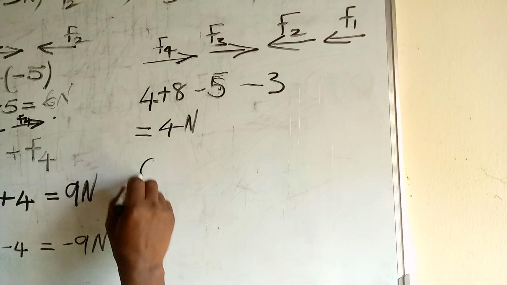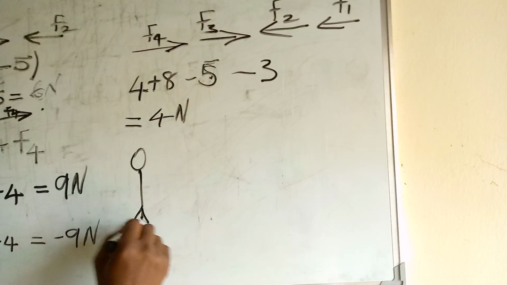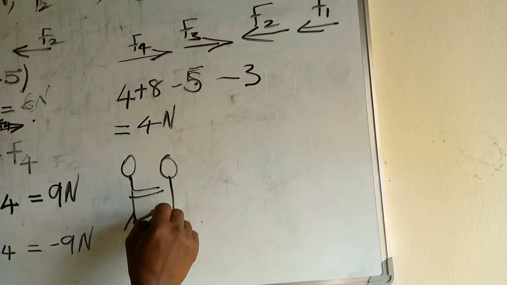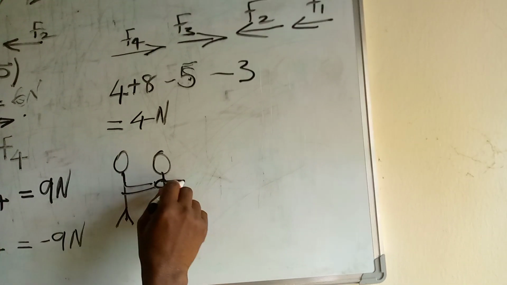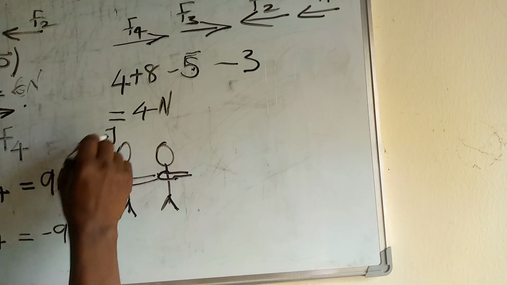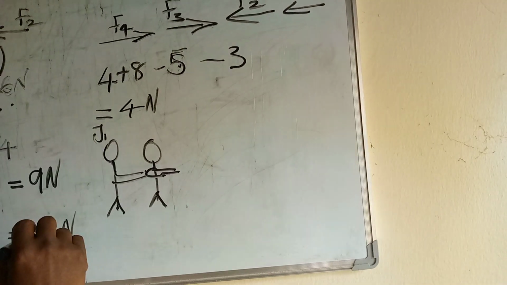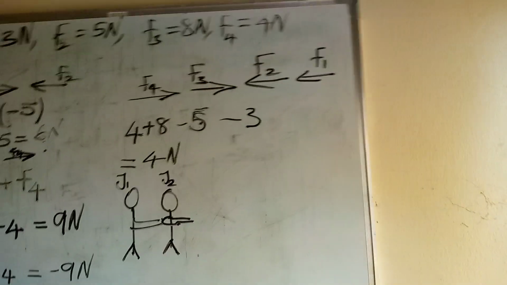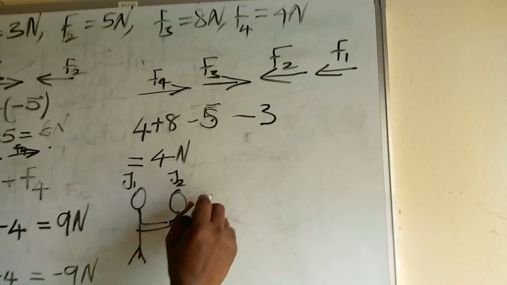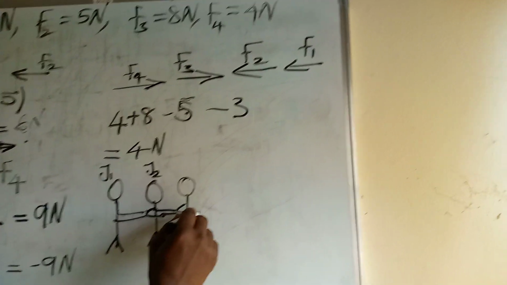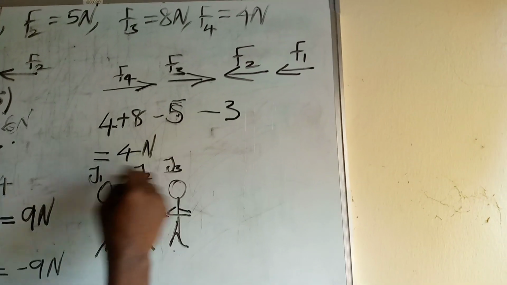Now, even take for instance the work children do. Let's say there's this one, and another one here. This is J1, J2, J3.